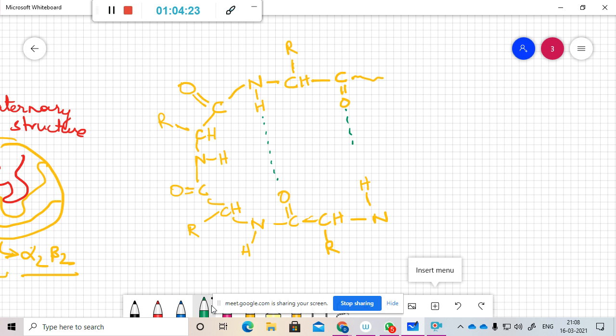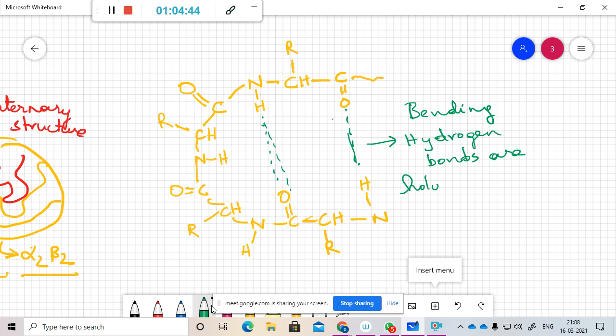there is a hydrogen bond over here. So because of these R groups, this is bending. These hydrogen bonds are holding the beta bend properly.